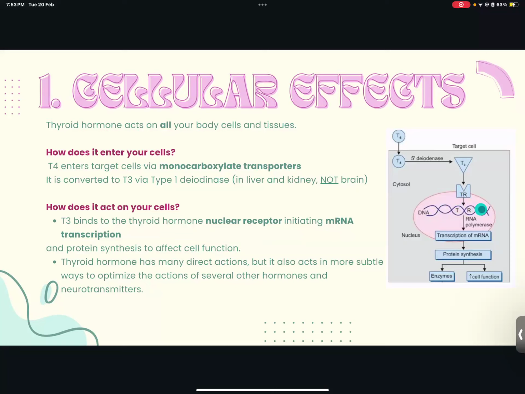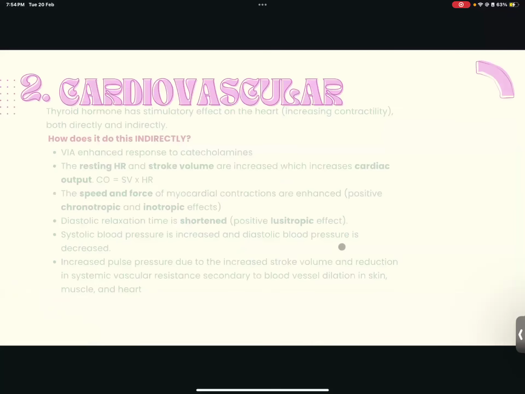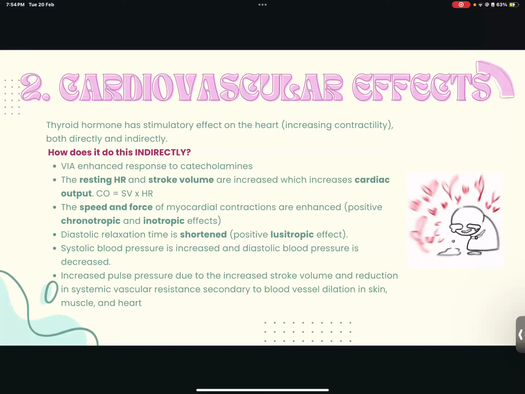So RNA is going to be transcribed, and then translated in order to produce new proteins. It could be enzymes, to increase cell function. Now, the thyroid hormone has a lot of direct actions, but also acts in more subtle ways to increase the actions of other hormones and neurotransmitters. So those are the cellular effects of thyroid hormone.